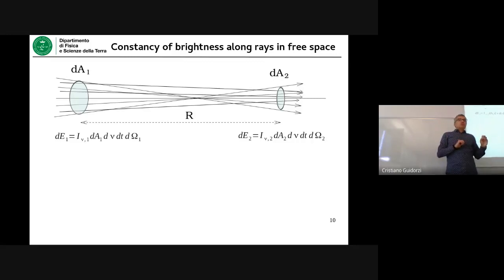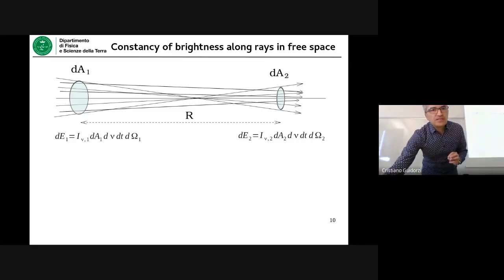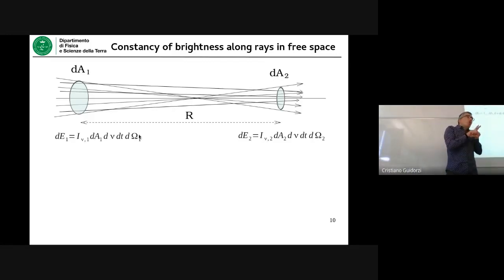Now the question is, what are d omega 1 and d omega 2? Well, let's consider the problem first from the point of view of dA1. So we want to calculate d omega 1. Among all the rays crossing dA1, you cannot take all of them.